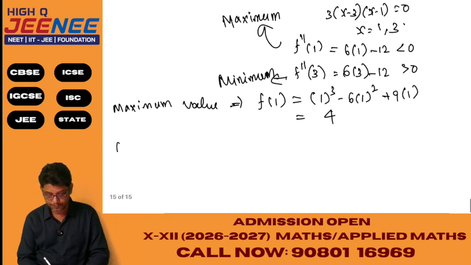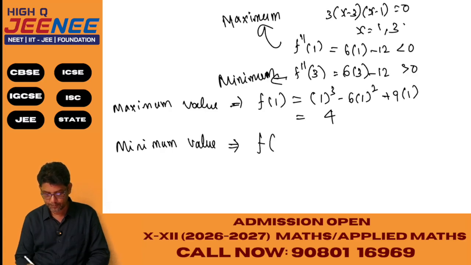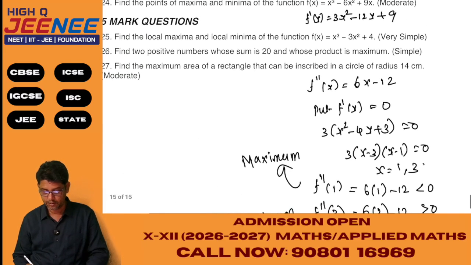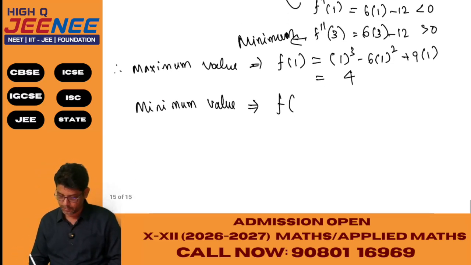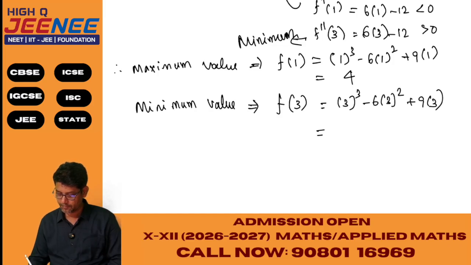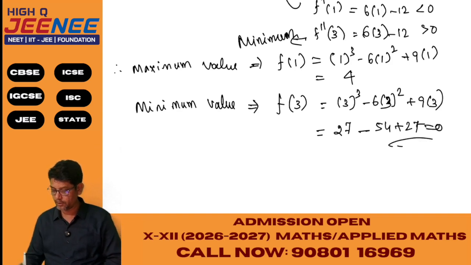Minimum: f of 3 we have to find out. 3 only. So 27 minus 54 plus 27 equal to 0.